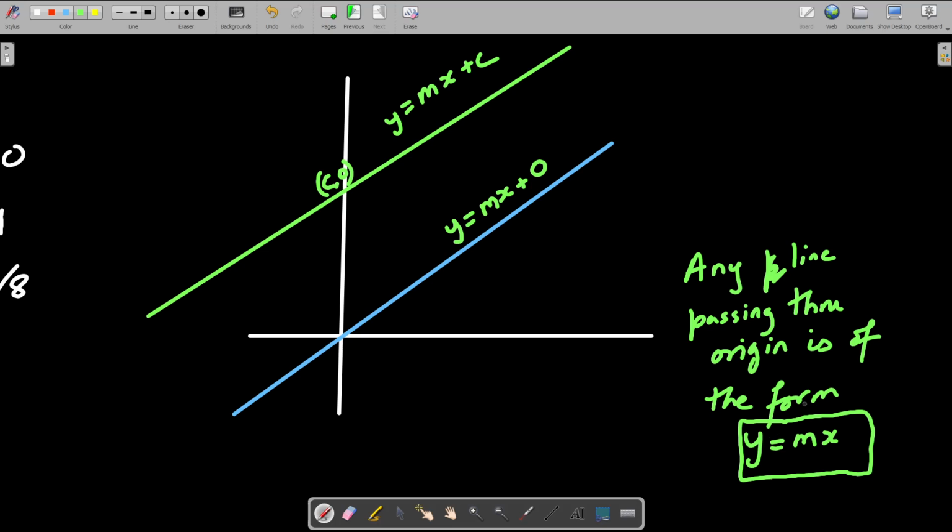This might have been done for you indirectly in 11th. Any line passing through the origin is of the form y is equal to mx. If it has some constant there, that means it's not passing through the origin, it's passing through that intercept point. You'll have to sit and calculate that intercept.